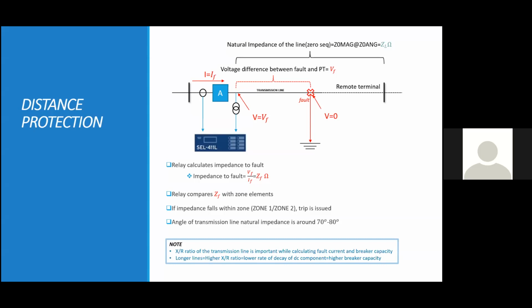And this relay compares this calculated ZF value, or the calculated impedance to fault value, with our zone element pickups. If the impedance falls within zone 1, an instantaneous trip is issued. If the impedance value falls in zone 2, a delayed trip is issued.